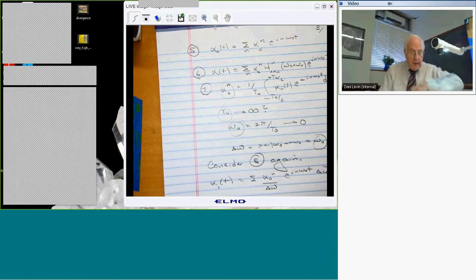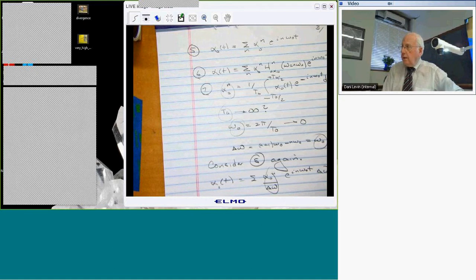And now if I pretend like this is some finite quantity, which it will prove to be, then this summation over n, in the limit, n times omega naught is not 0, it's finite, because remember n is going to go off to infinity. And there are a lot of them.